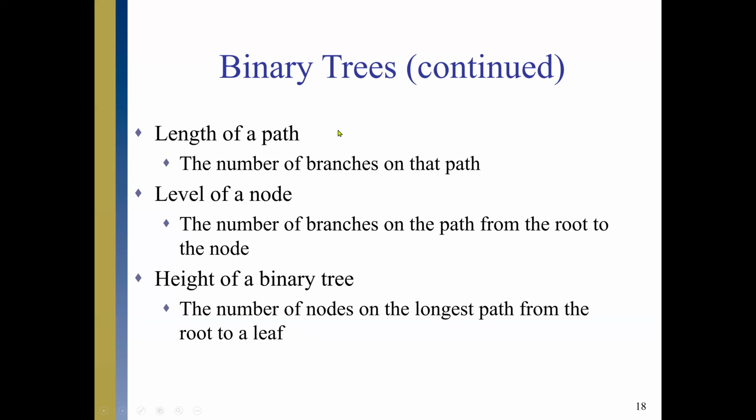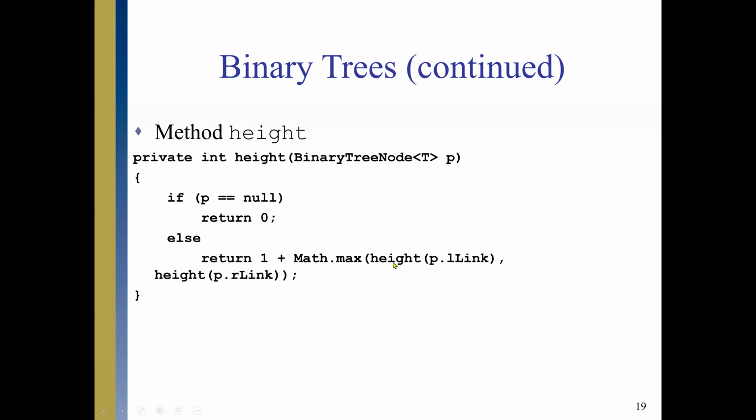So we are going to say 1 plus, we call the height of the P dot left link, which is the left subtree, and also the height of P dot the right link, which is the right subtree. So the longest will be the value we get. That's why we are using max. And max, again, we know is a method in the Math class.